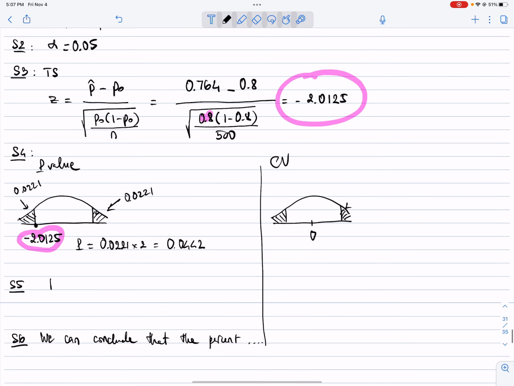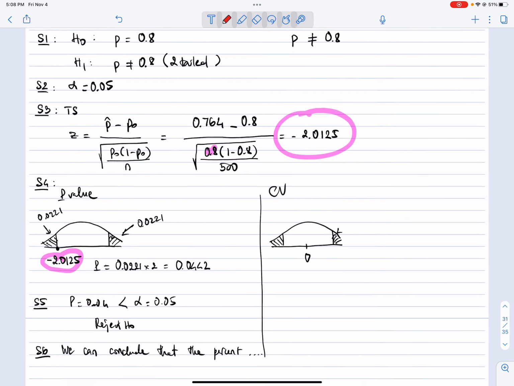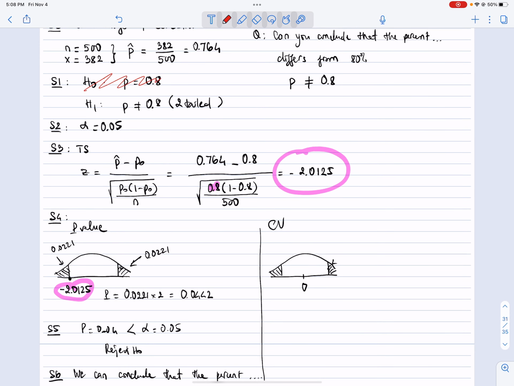Then we compare the p with the alpha. The alpha is 0.05, the p is 0.04, so the alpha is bigger. The p is less than alpha, so we reject the null. Rejecting the null means the null is gone. Now we go to step 1 and cross the null out. What is left is H1, and under H1 the statement says the percent is different, differs from 0.8.